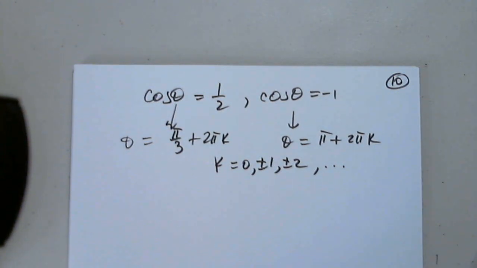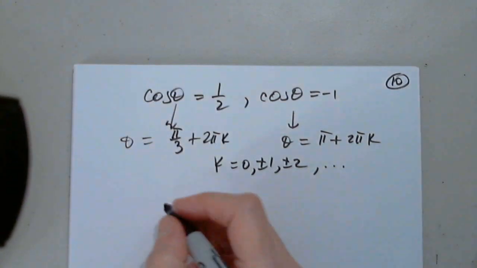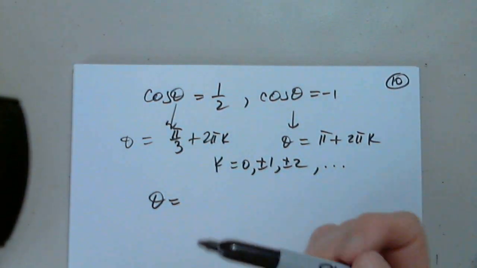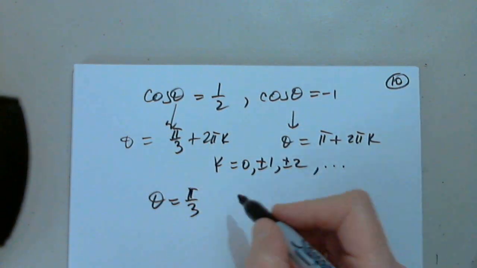Okay, let's continue with what we get at this point. So theta could be, first of all, pi over 3. It could be pi.